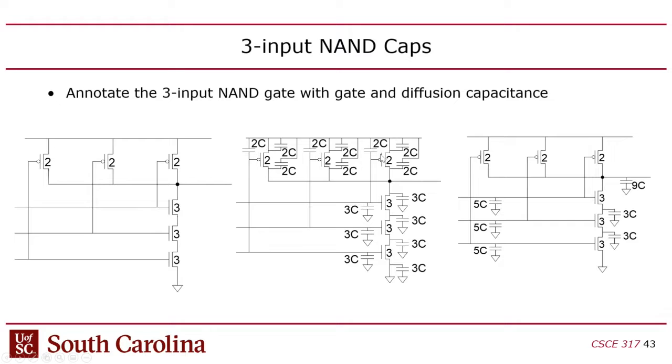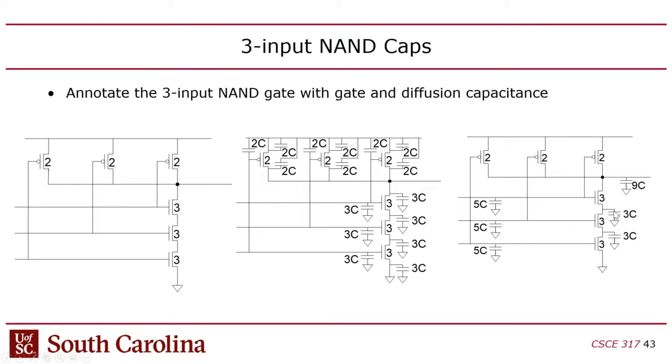So just combine them together: 5C capacitance on each of the inputs, representing the combined capacitance of the P and the nMOS. Remember, in a gate, every input is connected to two transistors, one pull up, one pull down. So we have 5 units of capacitance for each of the gates.